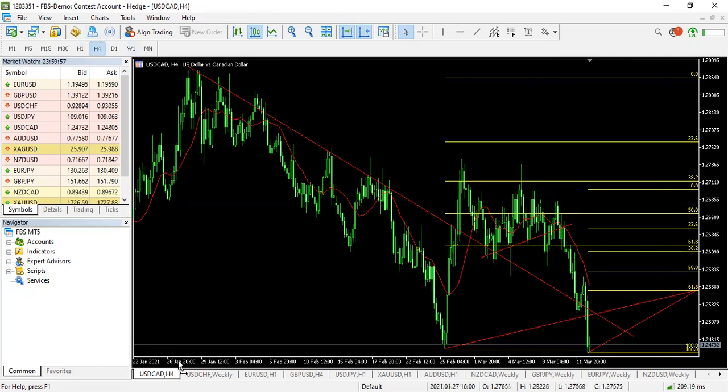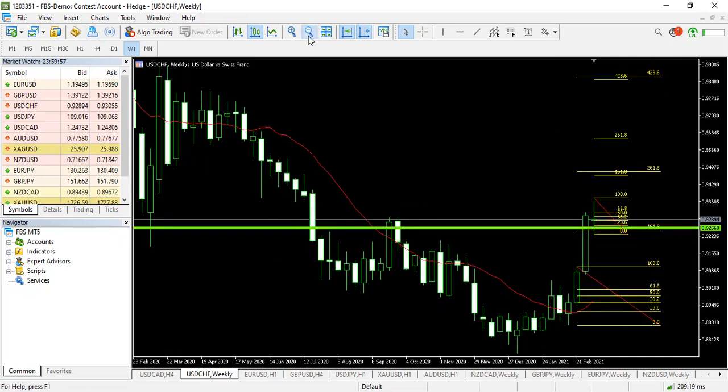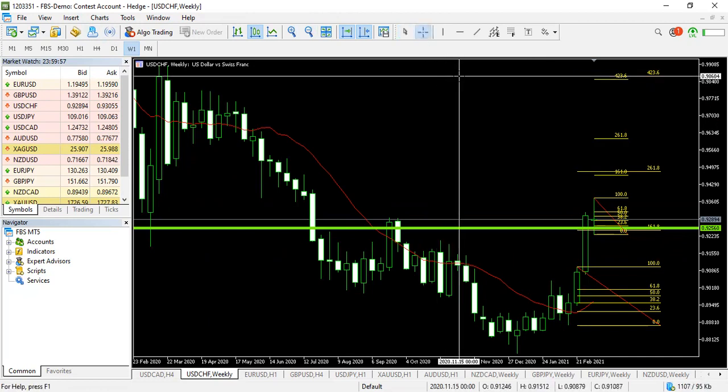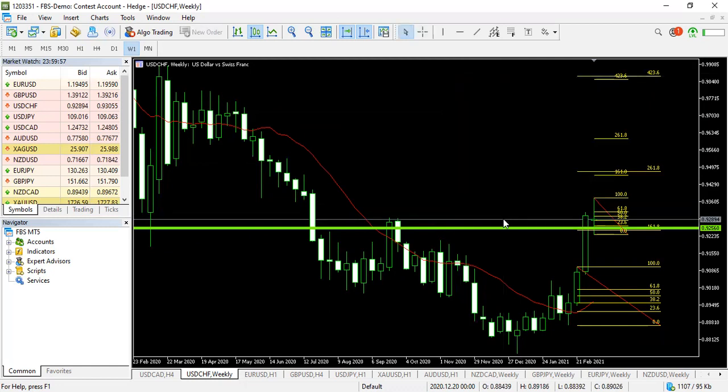Let's move on to the USD Swiss franc. With the USD Swiss franc, I like the idea of selling the pair below 0.93, but it has broken higher. At the moment, the only key areas that I can see are very far from the actual price. 0.98600 is a very, very strong resistance zone for selling, but it's about 500 pips away, so for now we can't be discussing it.